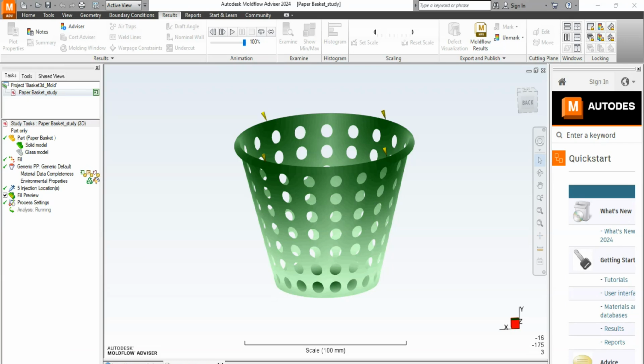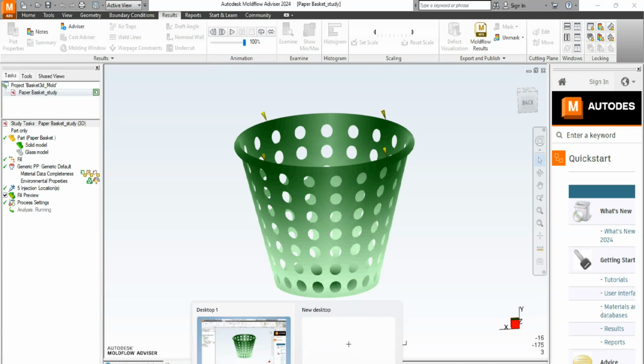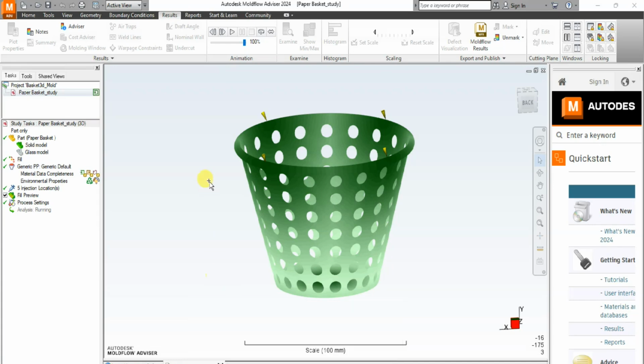The mesh is running, as you can see at the bottom left. The mesh is obligated to run way before the analysis.